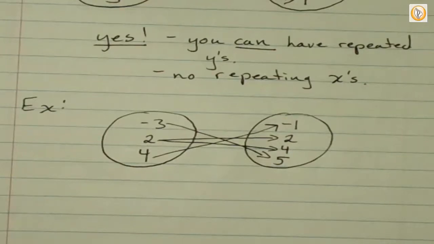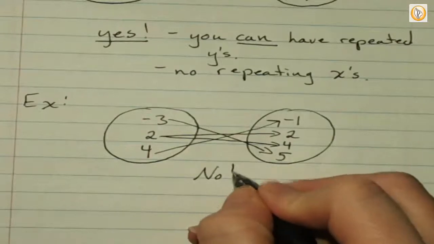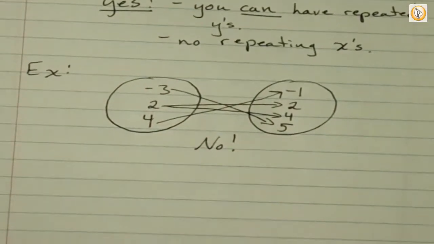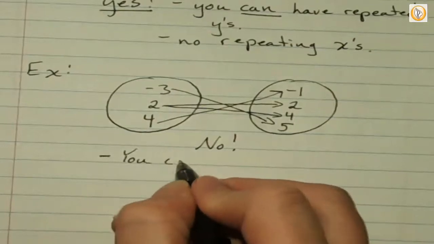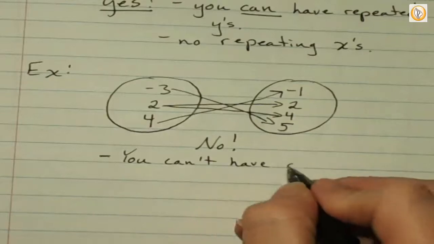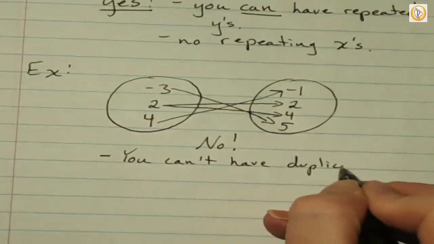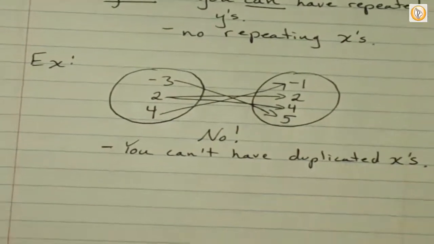How many of you noticed it's the same one we did earlier? Is this a function? No. Why not? Because the x is repeated. It's a 2. No, it's not a function. You can't have duplicated x's.